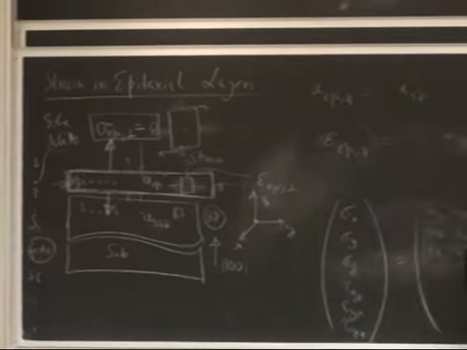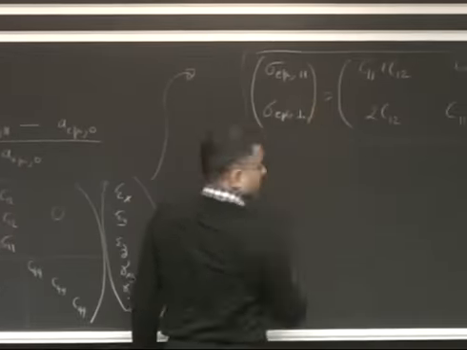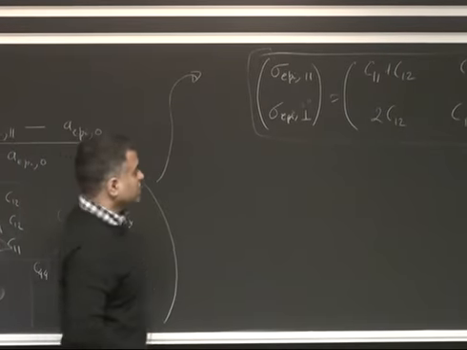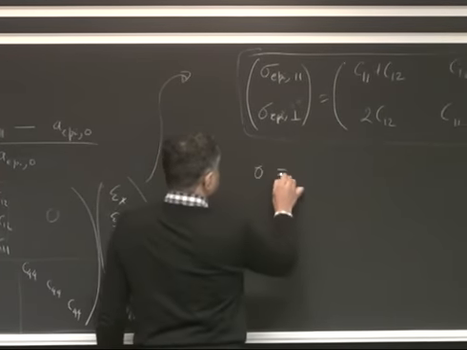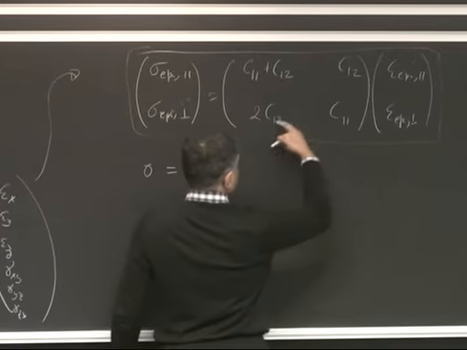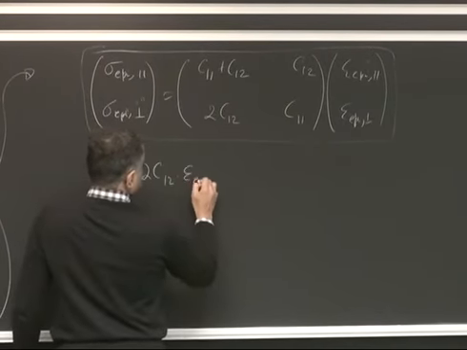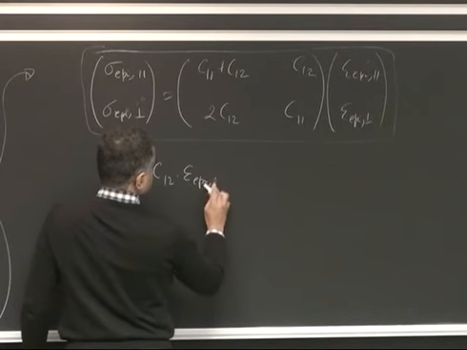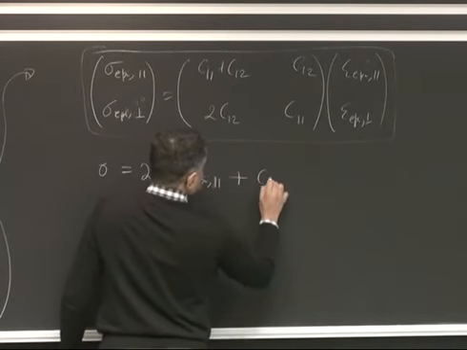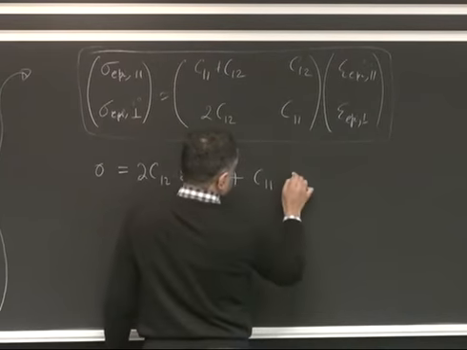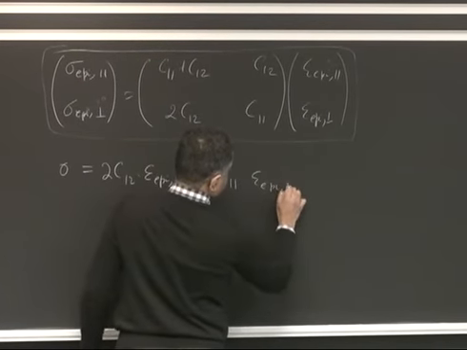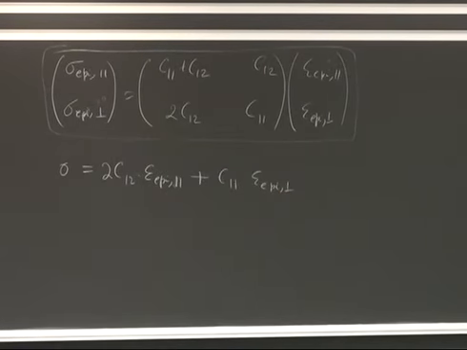As a result, this thing goes to 0, and you can write down a relation now that 0 is equal to this times that plus that times that, which is 2 C12 times the epi strain in the parallel direction plus the coefficient C11 times epi strain in the perpendicular direction. So that much you can do.